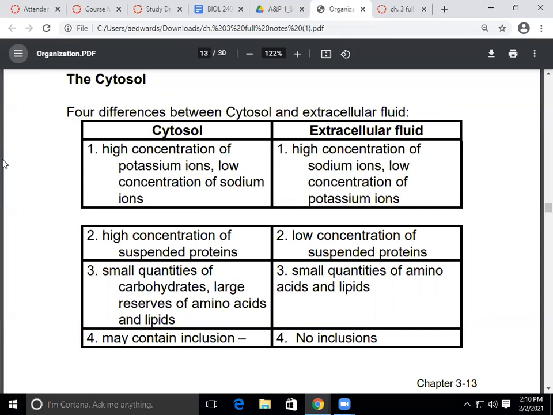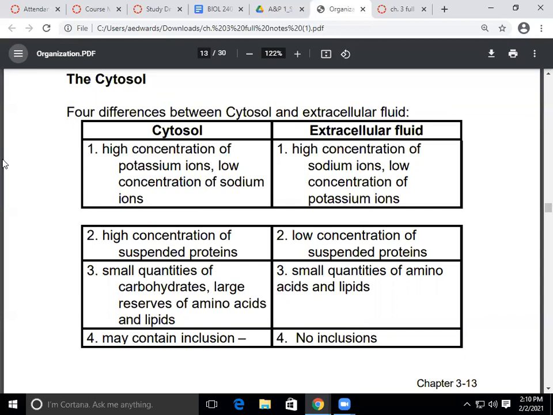That should make sense because the cytosol is where the ribosomes are. You're going to have to make protein, and you need amino acids to make protein. You need lipids to make ATP, so your mitochondria should have those.